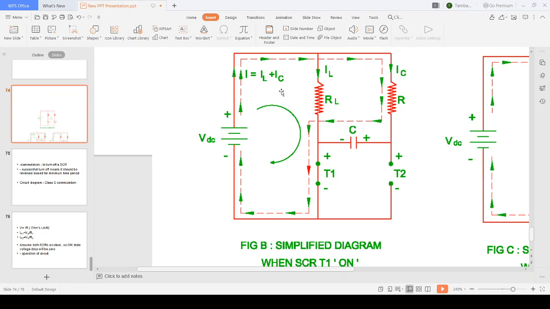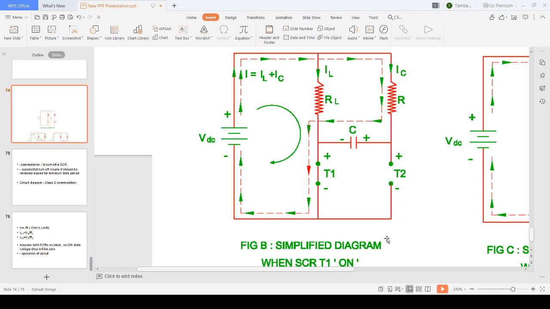IL is the current flowing through resistor RL, and IC is the current flowing through capacitor C, and current I is the addition of IL and IC.